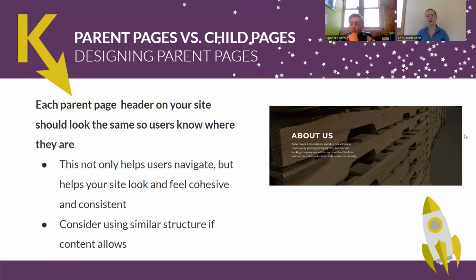Everything should look and feel like it goes together nicely. If your content allows for it, consider using a similar content structure on each parent page as well, again to help navigation and that cohesive feeling.